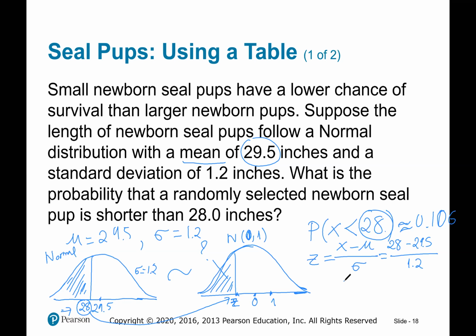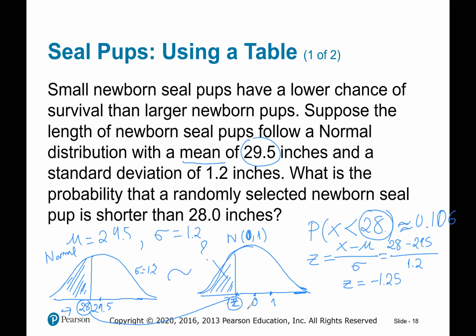And now you want to have z equal to what is that? Use calculator. You have 28 minus 29.5, and then you divide by 1.2, you're going to get negative 1.25. Okay, so that means what?